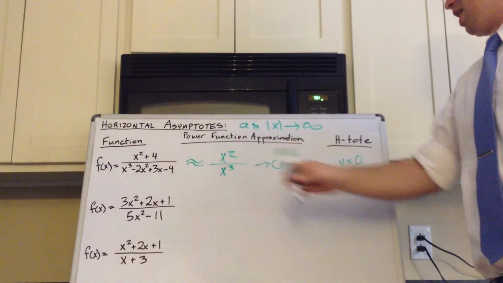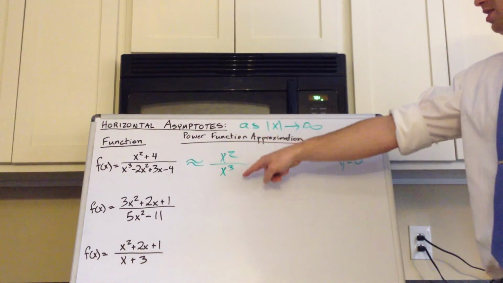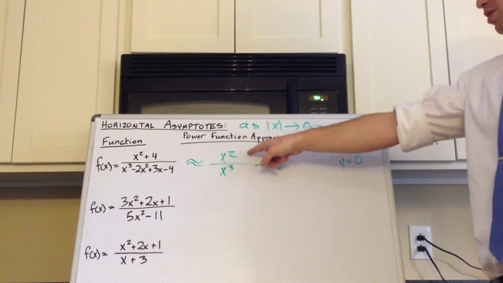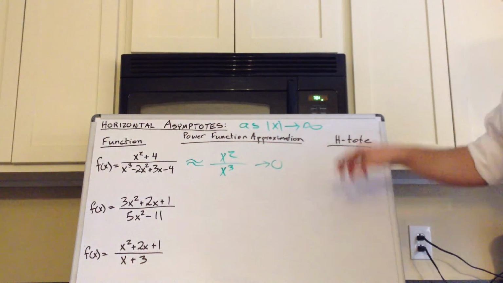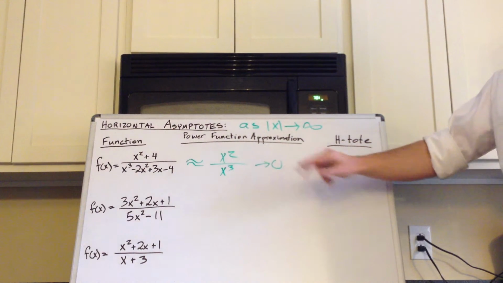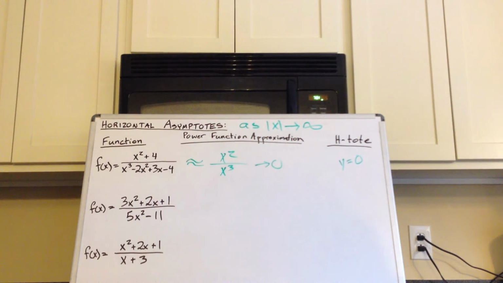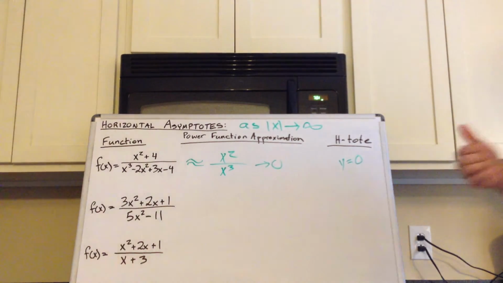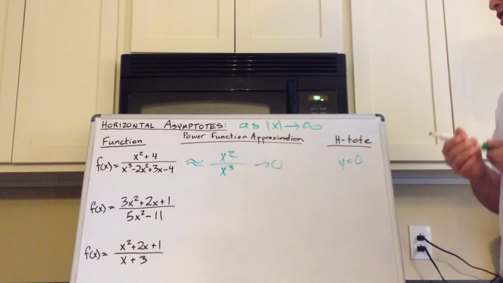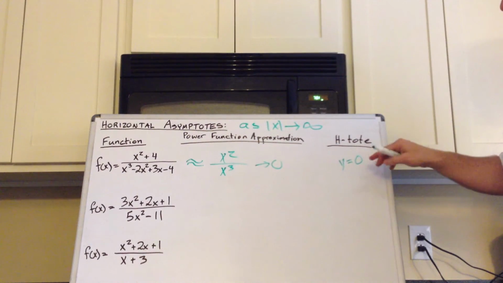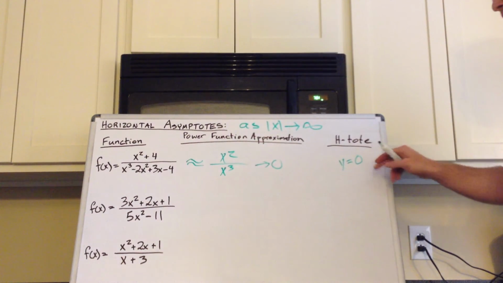If we plugged in 10,000 for x, 10,000 squared over 10,000 cubed, we're going to have a number that's very, very close to 0. For horizontal asymptotes, you're always going to have 0 or 1 horizontal asymptote for a rational function. So this is our only horizontal asymptote, y equals 0.